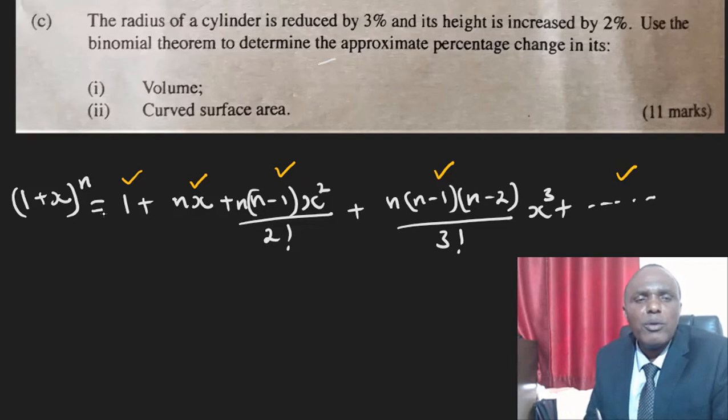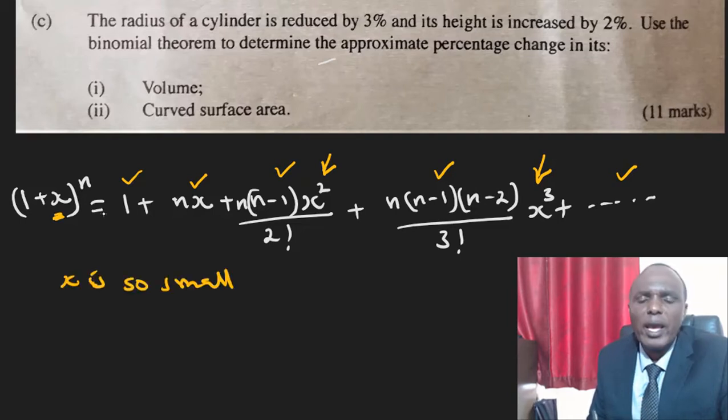If the value of x is very small, then in the third term you are squaring a very small value, in the fourth term you are getting the cube of a very small value, and in the fifth term you are raising a very small value to the power of 4. So when x is so small, we can ignore these terms in approximations.